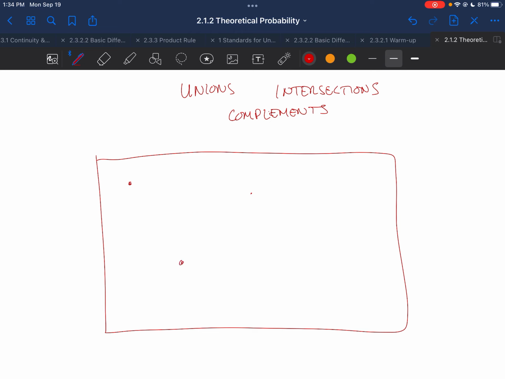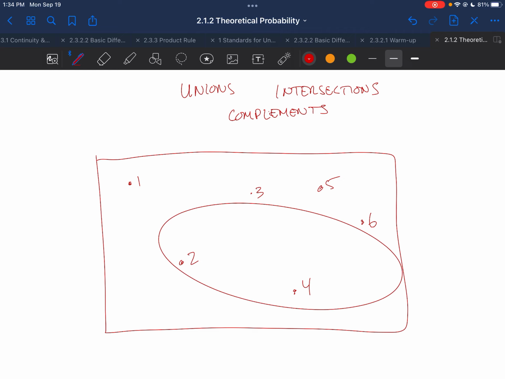If there are points somewhere on this, 1, 2, 3, 4, 5, 6, those are all the events, and I just put them wherever felt right in the moment. If we had an event A, and event A says we toss the die and end up with an even number, then that event occurs here.